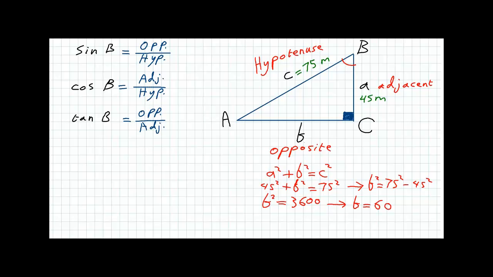Since we have a, b, and c now, we can continue finding the trigonometric ratios for angle B. So sine of angle B is going to be equal to 60 divided by 75, and this is equal to 8/10. The cosine of angle B is going to be equal to the adjacent, which is 45, divided by the hypotenuse, which is 75, and this is going to be equal to 6/10.